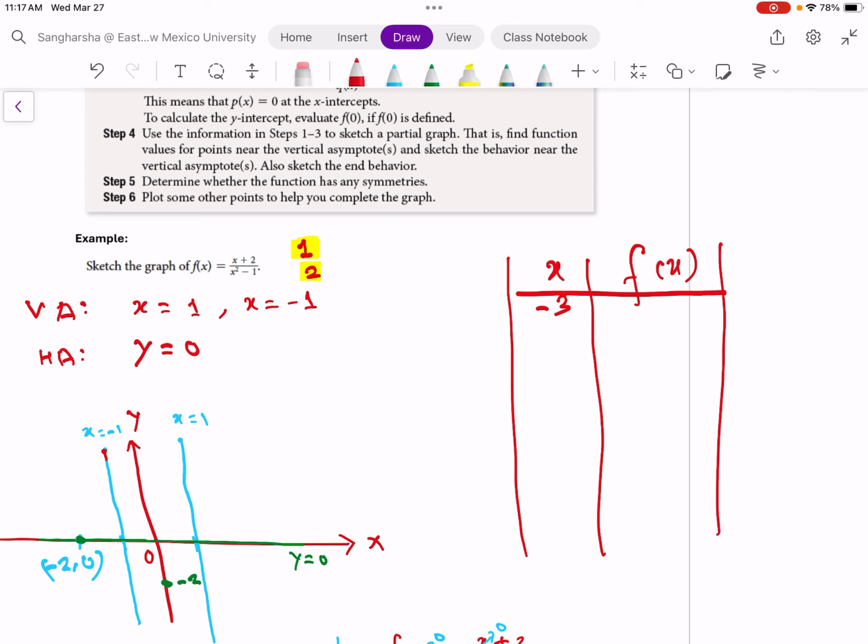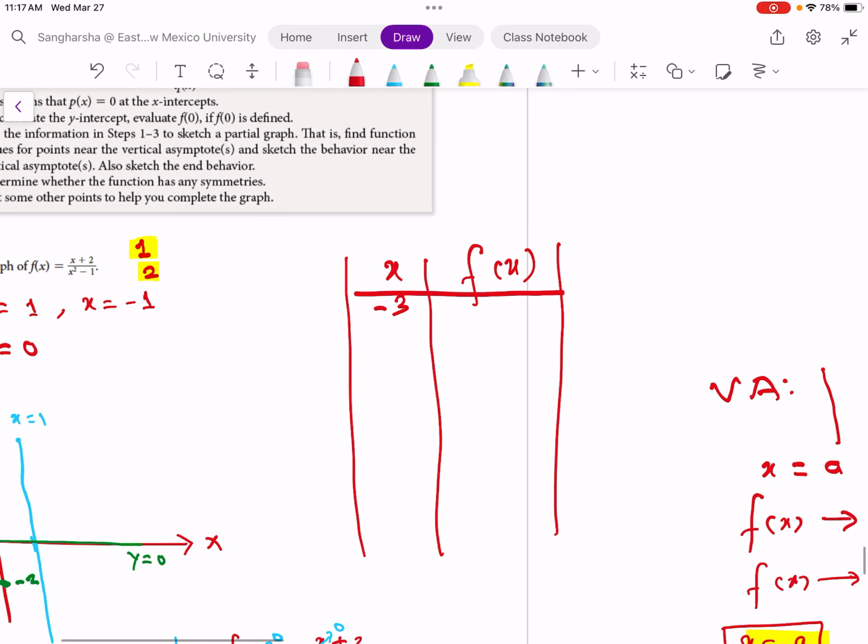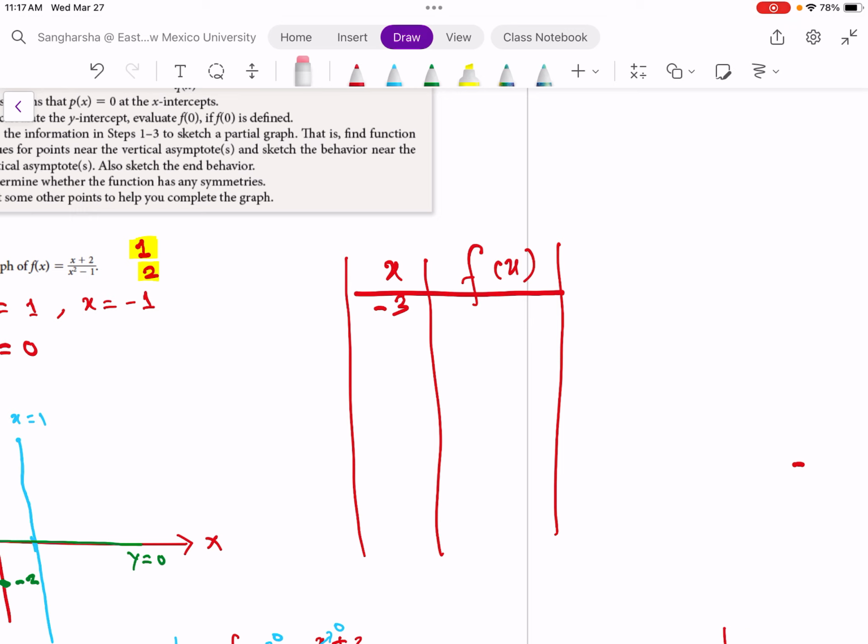Our function is x plus 2 divided by x squared minus 1.